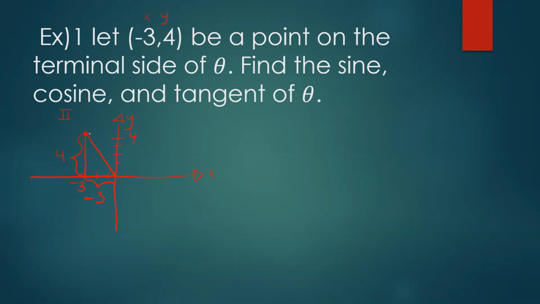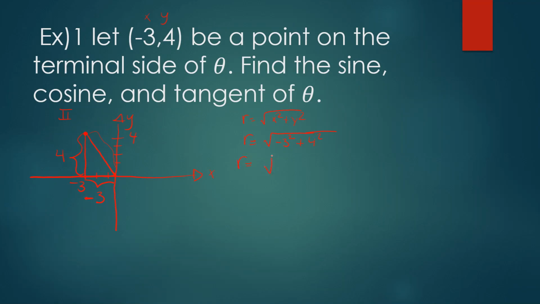Now, how do we find this hypotenuse, also called the radius? We're going to use the Pythagorean theorem, or we could use r equals the square root of x squared plus y squared. What's my x value? It's -3, so -3 squared, plus, what's my y value? 4, so 4 squared.